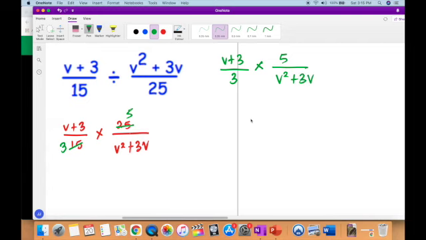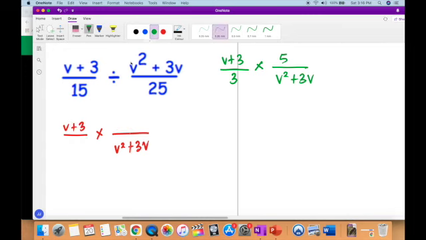And wouldn't it be nice if we could have canceled these two as well? This v plus 3 would have been nice. You see how I canceled this 15 and this 25? It would have been nice if I could have canceled this somehow with this, but I could only cancel if you have the same number, like if it was v plus 3, and if I had v plus 3 over here, then I could cancel it off, or some multiple of it, right?